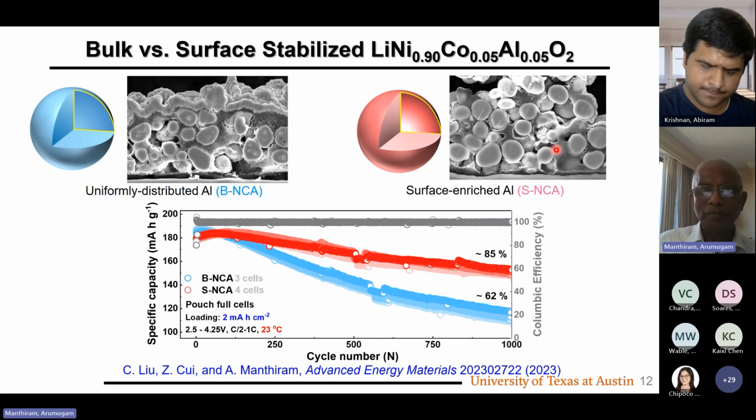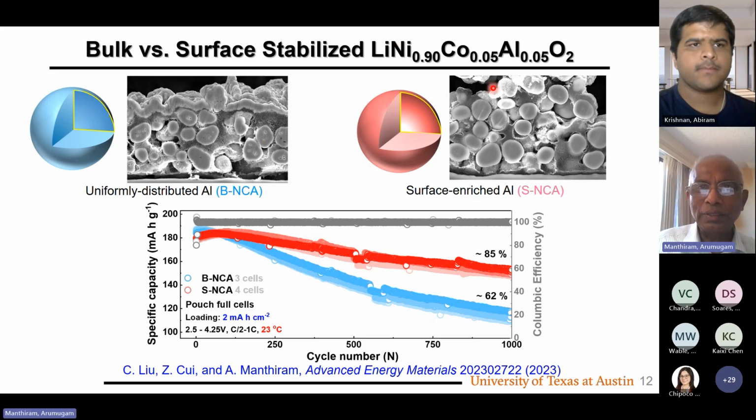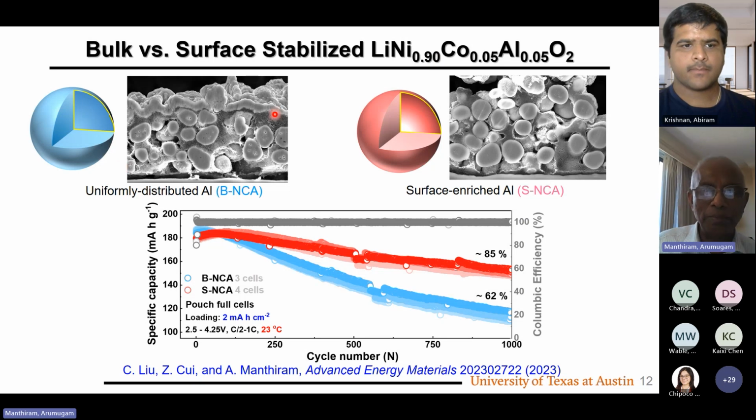This is another example to show surface reactivity is the major issue. We made the material by two means. In one, we co-precipitated nickel, cobalt, and aluminum. In that case, aluminum is distributed throughout the bulk, surface as well as bulk, that we call BNCA. In another case, nickel and cobalt are co-precipitated first as hydroxide. Then you add aluminum oxide, then you heat it. During that process, aluminum will be preferentially present a little bit more on the surface.